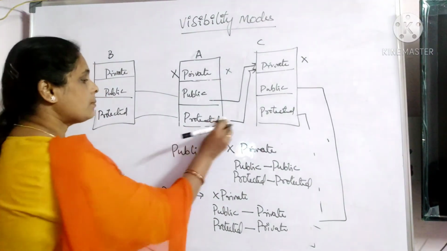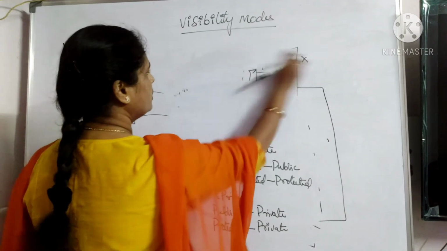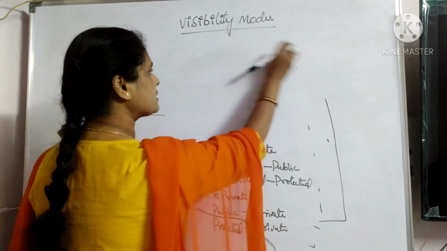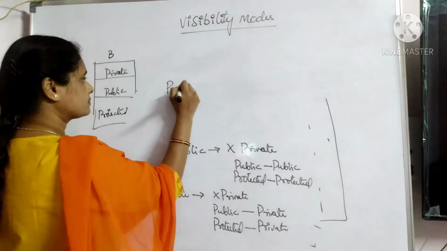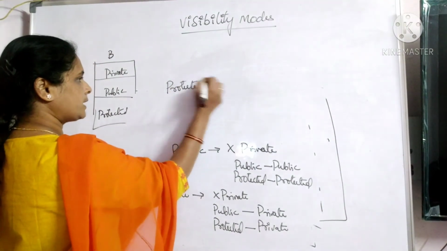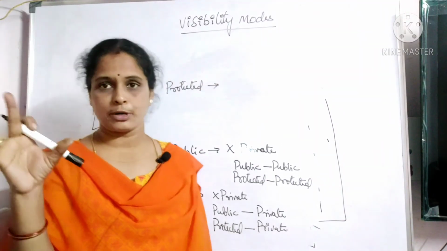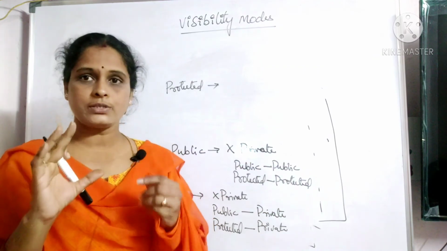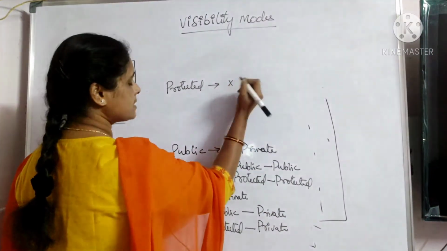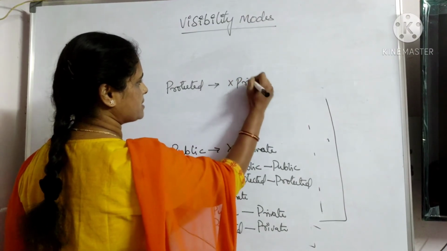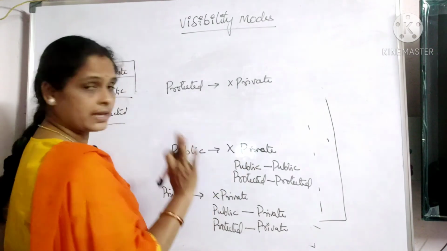Now coming to protected mode. Suppose you are deriving the class using protected visibility mode. Here also you cannot access the private members of the base class. Private members cannot be accessed in any of the cases.